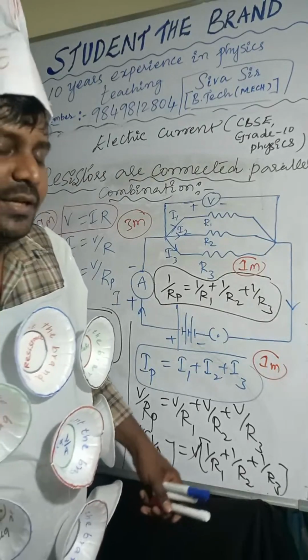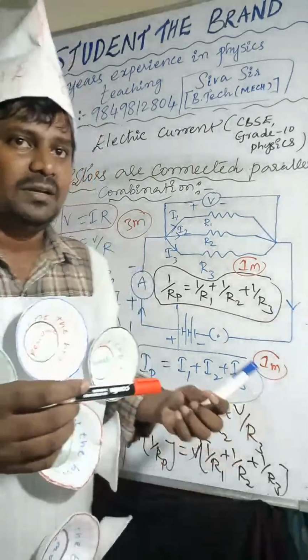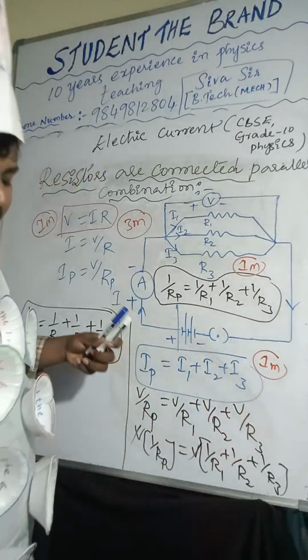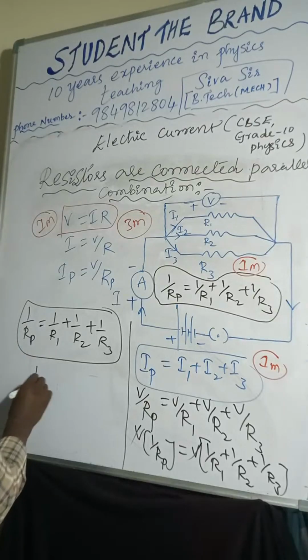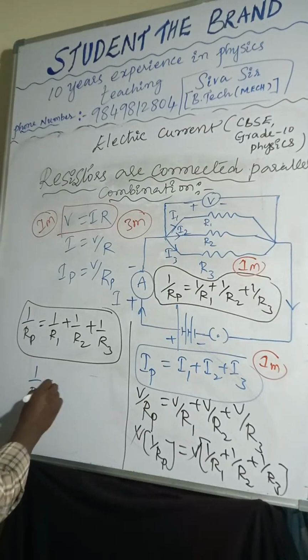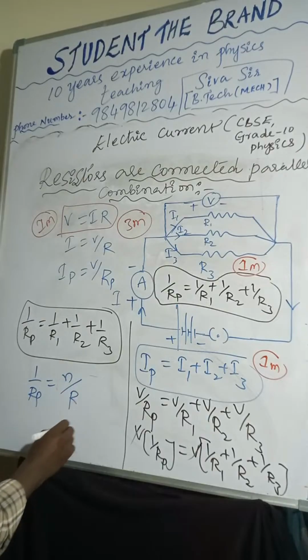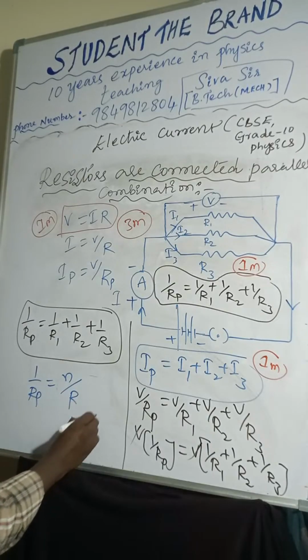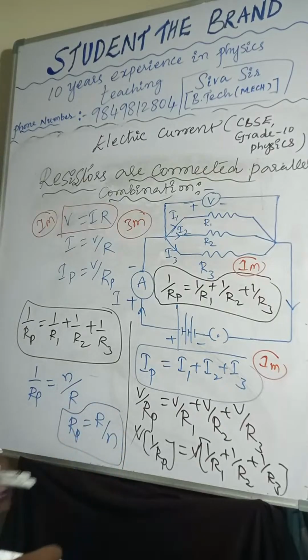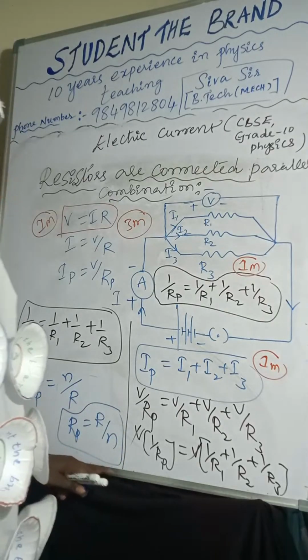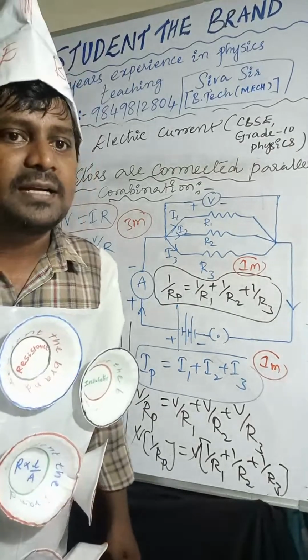If n number of resistors are connected in parallel combination, 1 by Rp equal to n by R. So Rp equal to R by N. Very, very important. Make sure that you are practicing this one.